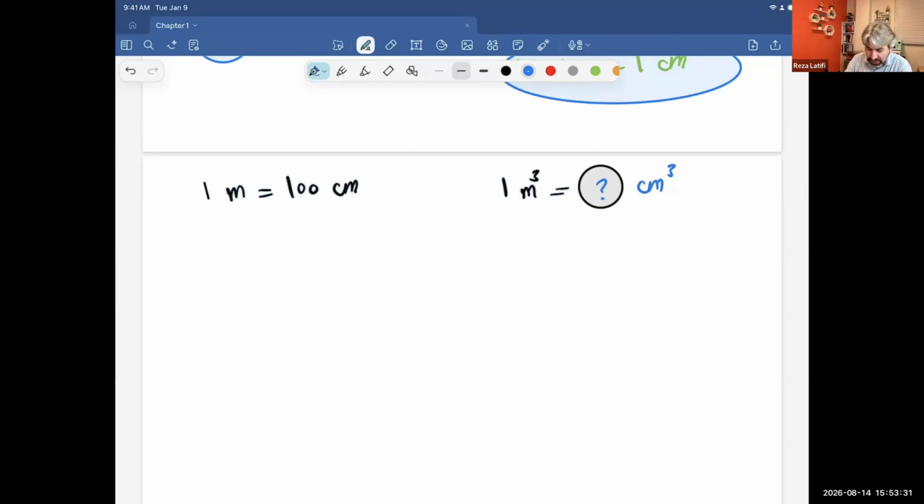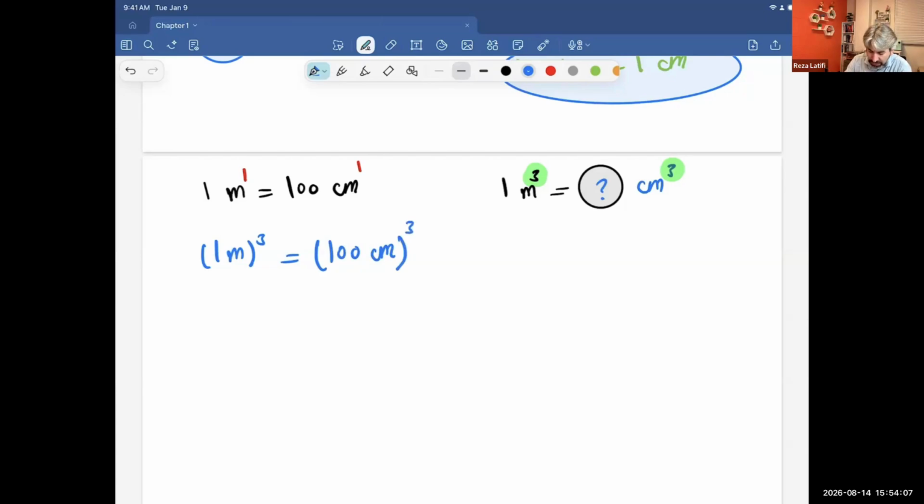Here is a trick I can use. I have 1 meter to the first equal to 100 centimeter to the first. Now they're saying to the third. So why don't you raise both sides to the third and say 1 meter to the third, applying it to both the value and unit, and repeat this for 100 centimeter, so you get 100 centimeter to the third.